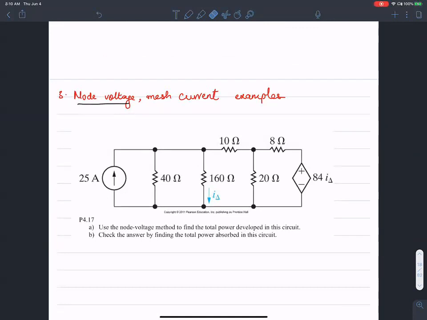I want to make sure that you participate in this, and you kind of drive the discussion in terms of how to begin the problem and where to go next. So for example, let's start by working on this problem.